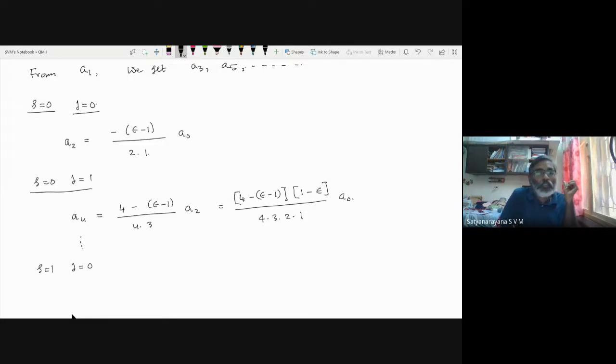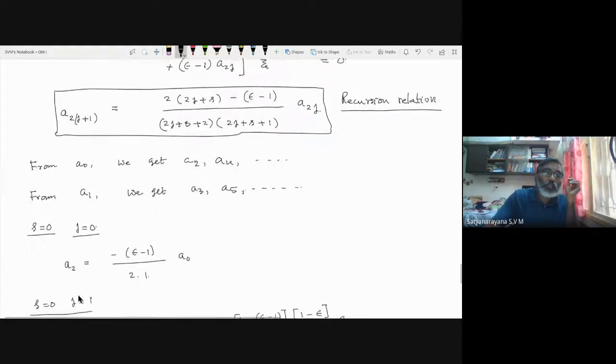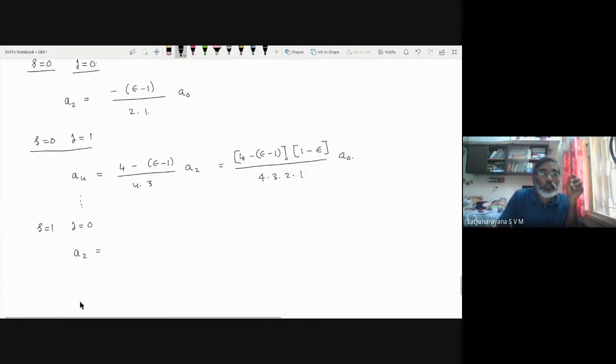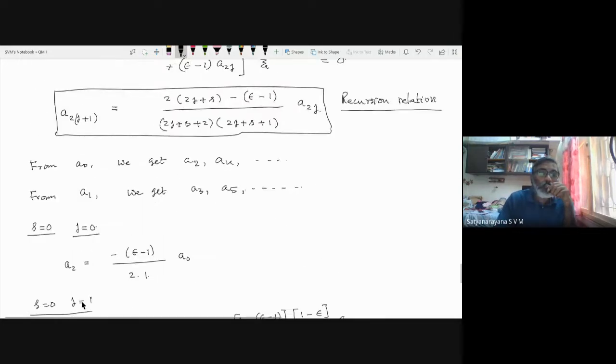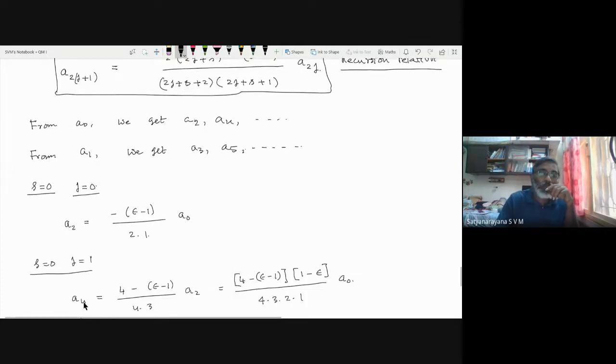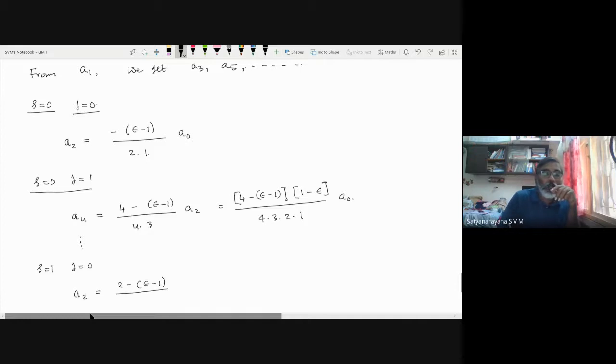Then this equation will be simply a2 is equal to, I have to put s is equal to 1 here, so j is 0, so I have 2 times 2 minus epsilon minus 1, that is 2 minus epsilon minus 1, divided by s is equal to 1, so that means 3 into 2. Yes, so 3 into 2 into a0.